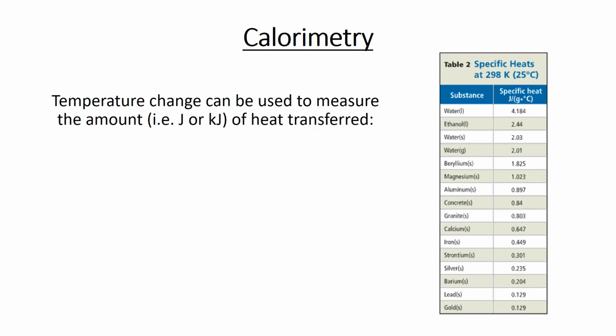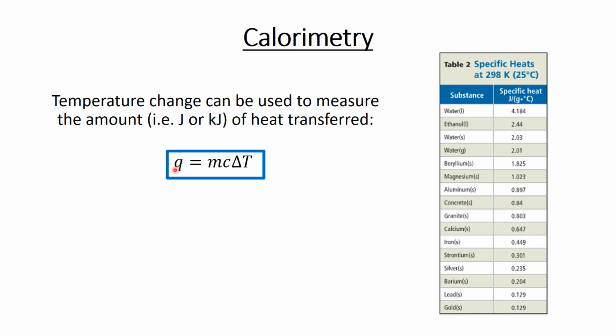So we actually have an equation that we can use to relate the temperature change to the amount of heat that's transferred. And that equation is Q equals mc delta T. So m is the mass of the substance, C is the specific heat, delta T is the amount the temperature changes, and Q is the amount of heat that you have to apply.